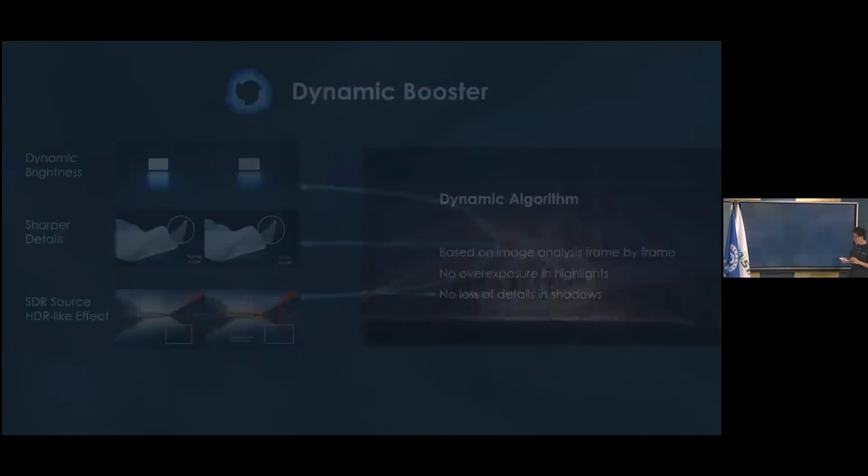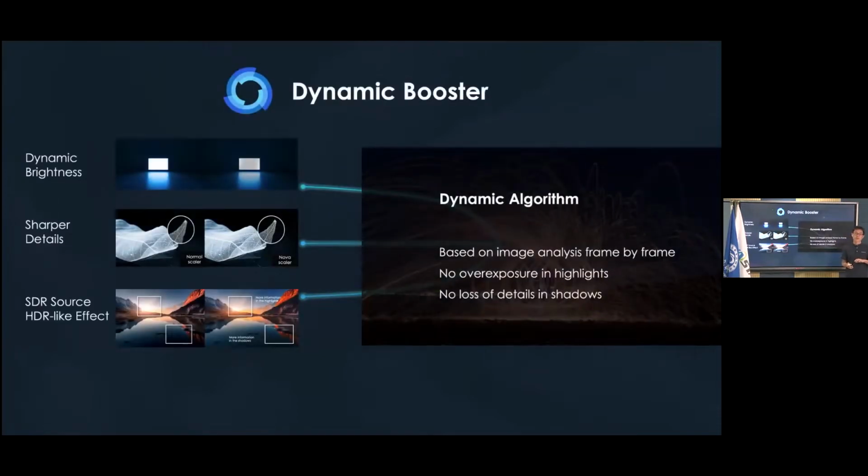Based on the image analyzed frame by frame, we can make sure there is no overexposure in highlights and no loss of details in the shadows. Of course, even if you just give an SDR source input, we can make sure you get an HDR-like effect on the LED display image from your video source input.